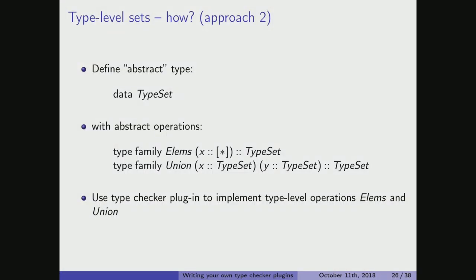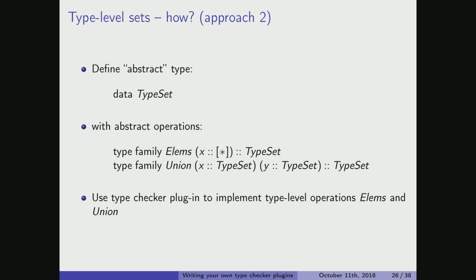So we can actually write these type families that distinguish between things that we do not want to distinguish between. A solution to that problem is to not use promoted data types, but to supply an abstract interface. So we say we have some data type Set and no constructors that are visible to the user, but instead we have these type families without any clauses. So these are just closed type families with no definition.